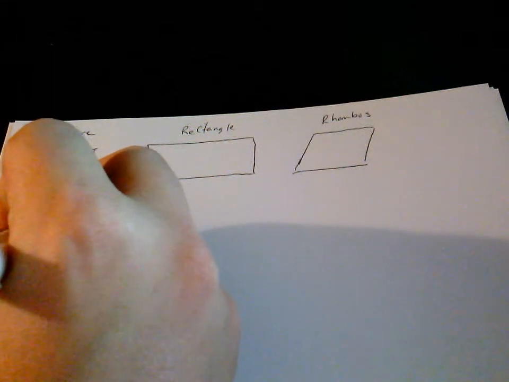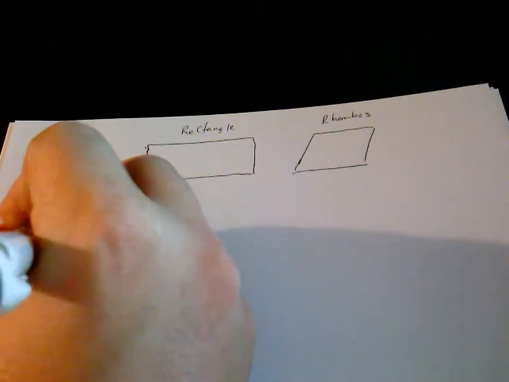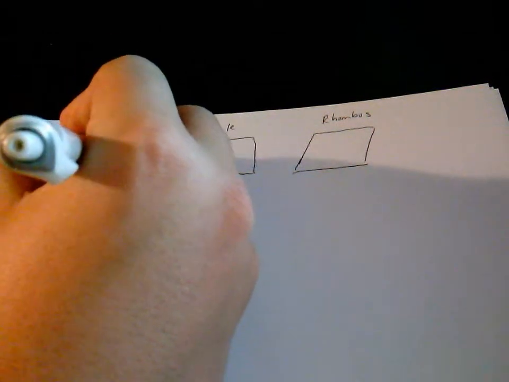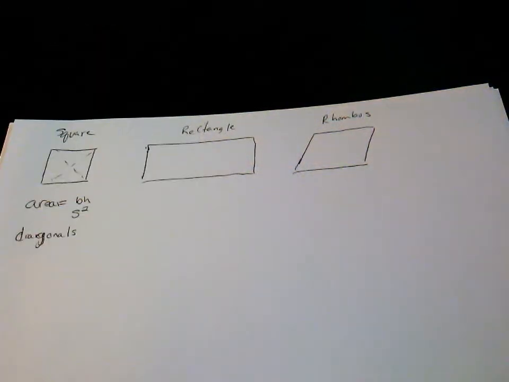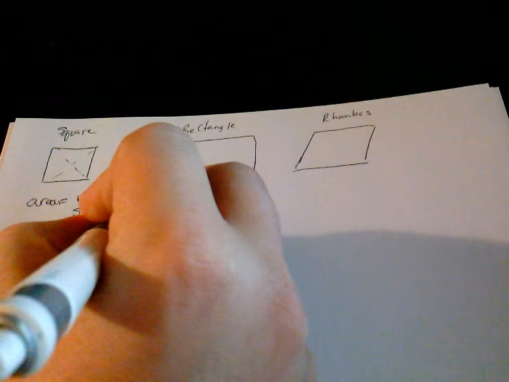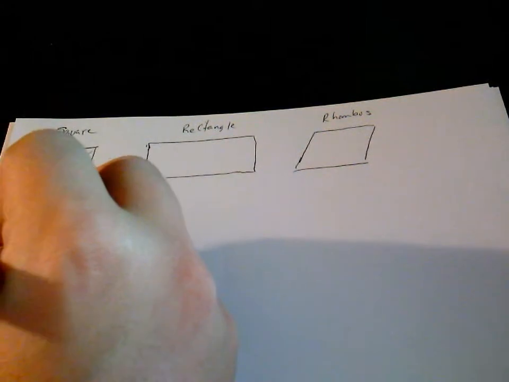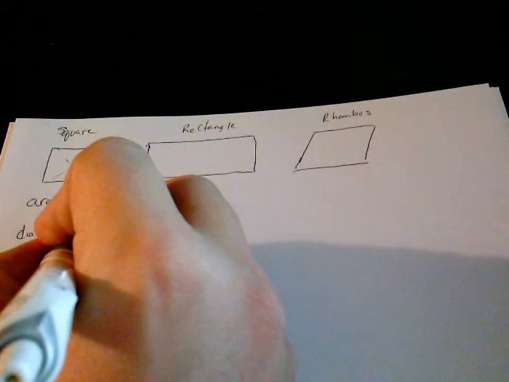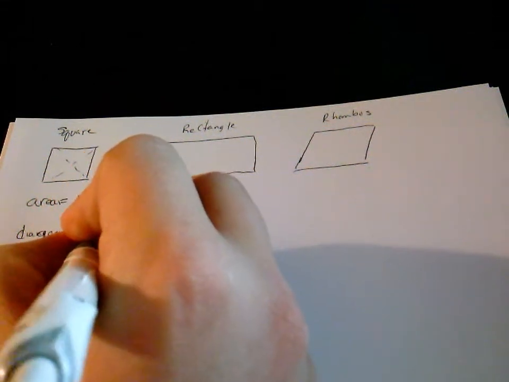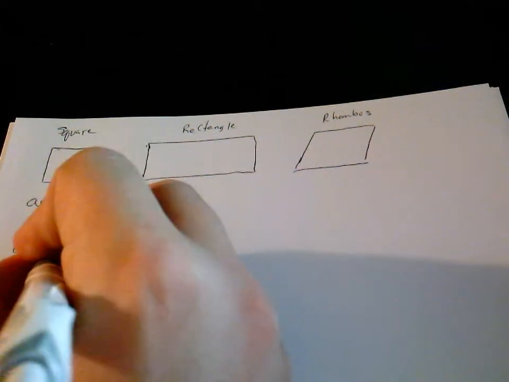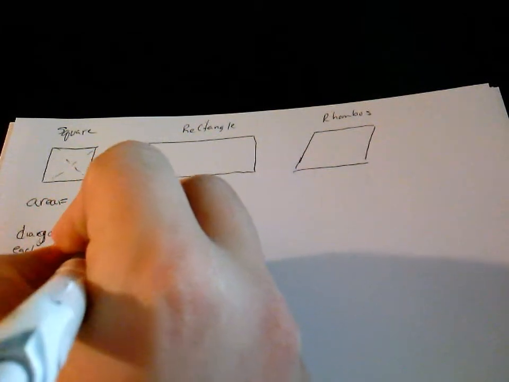Diagonals, meaning these little diagonals in here, they do two things. They'll not only bisect each other, meaning that they cut each other in half, but they also bisect the angles, meaning cut in half.